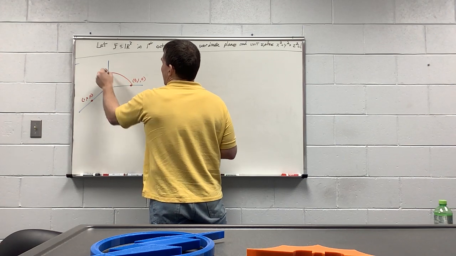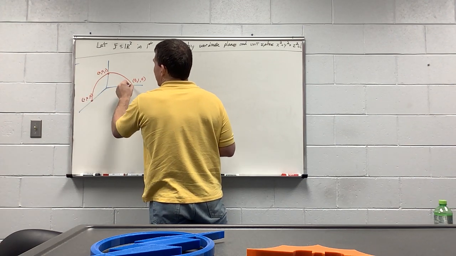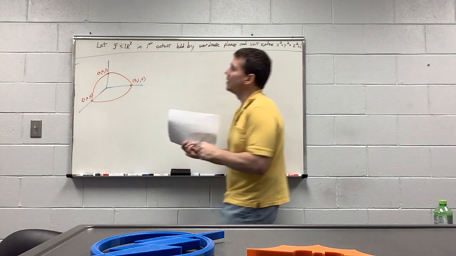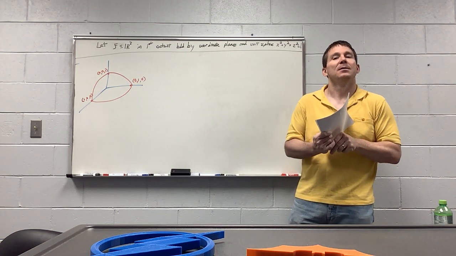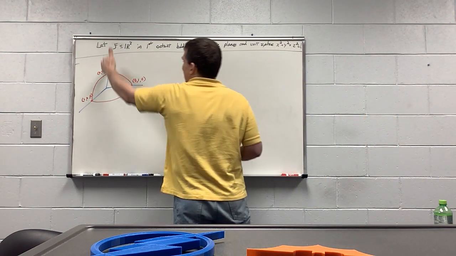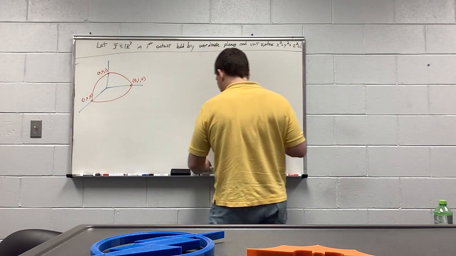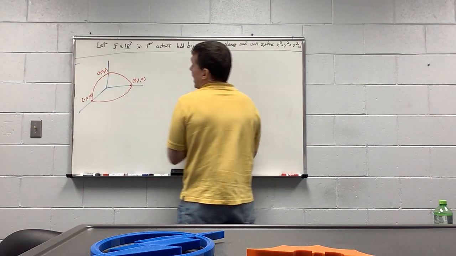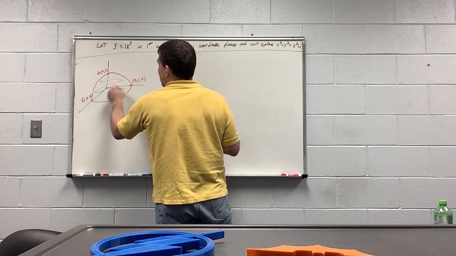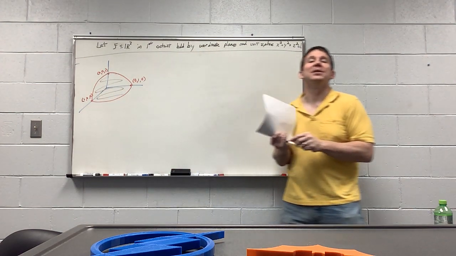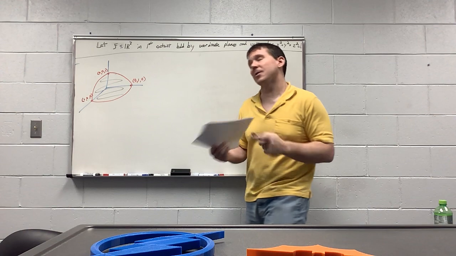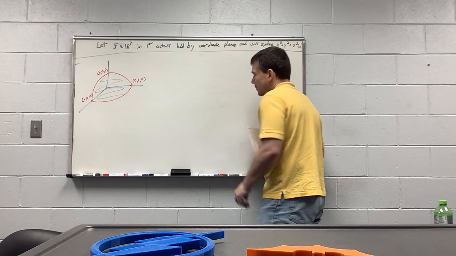I only have part of the sphere, 1/8 of the sphere, this chunk of it in the first octant. And then, like I said, I'm bounded by the x-axis, y-axis, and z-axis, so I get that chunk right there. And keep in mind, my F now is this whole region, that whole three-dimensional region, which is clearly not a rectangular solid.